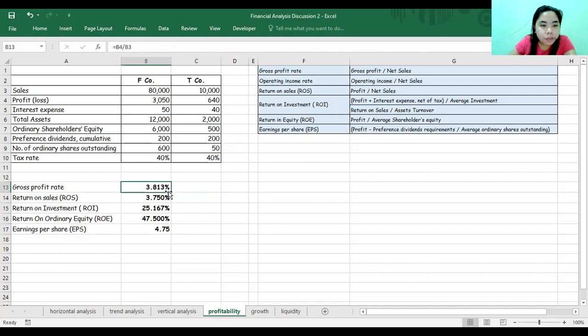Then for the gross profit rate, we'll check if okay. And it's good. Gross profit rate is 6.4. Return on sales is 6%. Return on investment is 30.